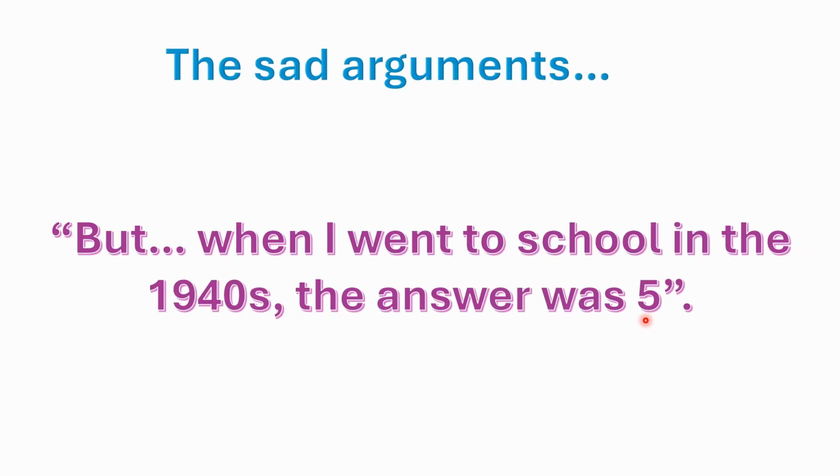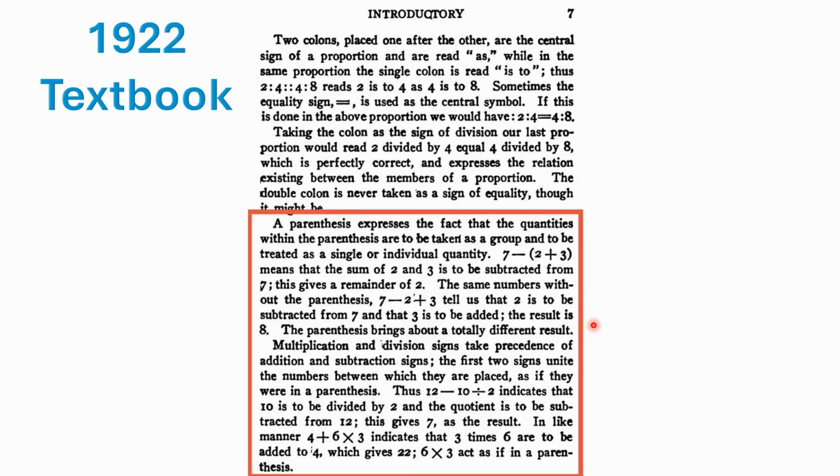Pretty simple. And now there are a lot of sad arguments out there. A lot of people say things like, well, when I went to school in the 1940s, the answer was whatever. Now, in this case, not 5. A lot of people would say it's 28. Again, there are no textbooks out there that were written that told you to blindly solve left to right.